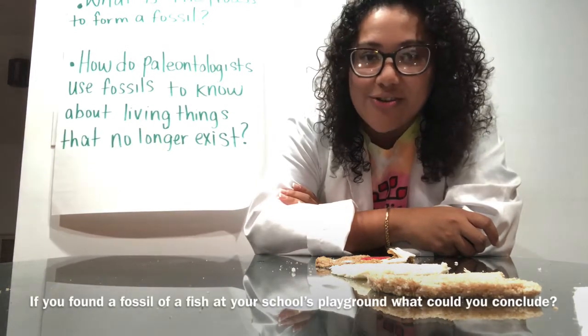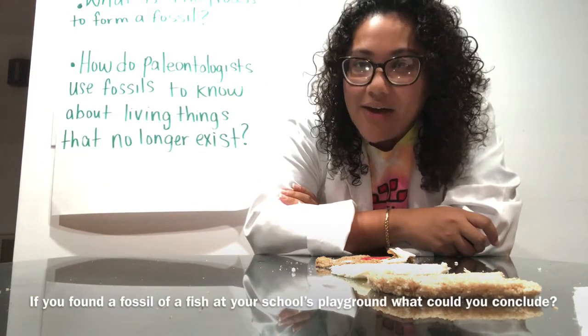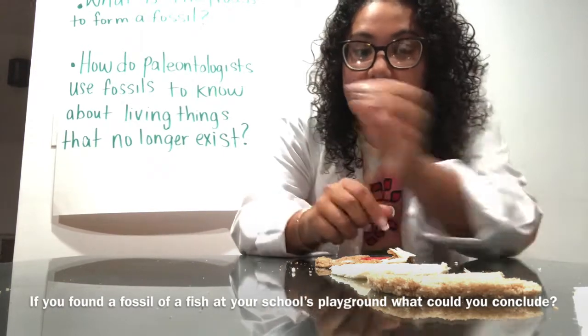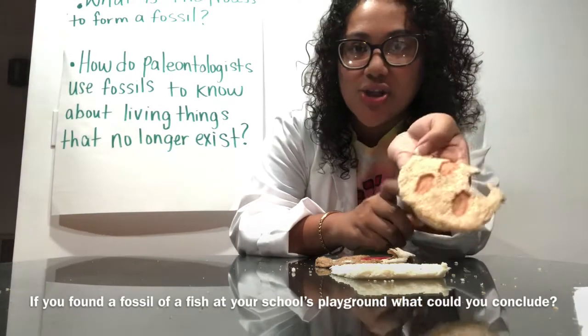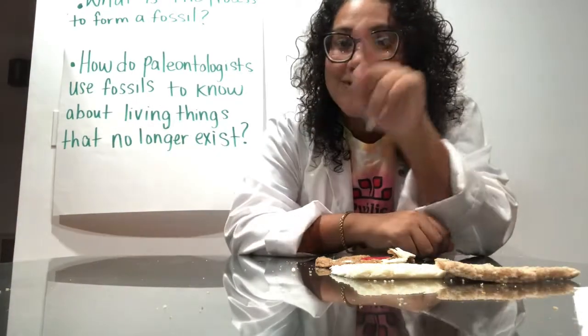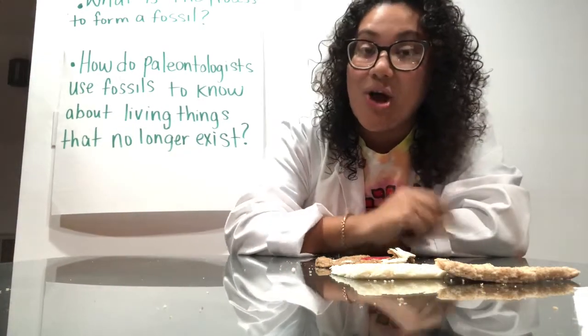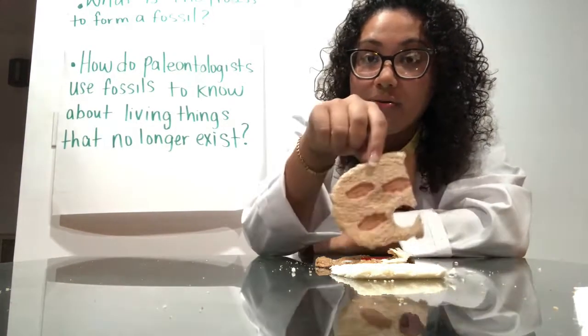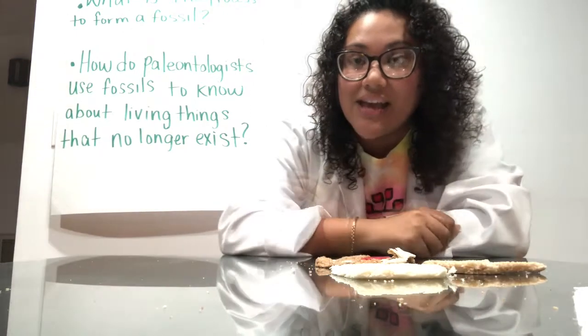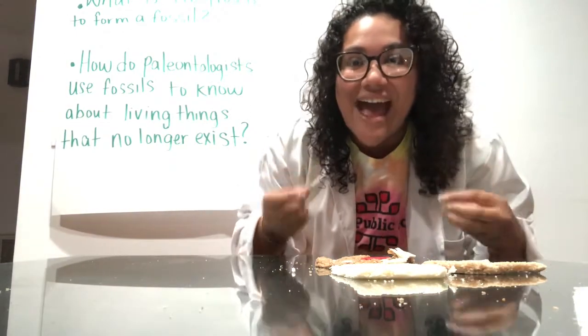If you were at your school's playground and you found a fossil of a fish, what would that tell you about the Earth long ago? Now, if you said that it would mean that there was water and marine life long ago, you're correct. And as scientists, we have to ask these questions.